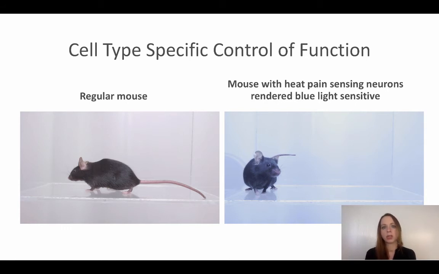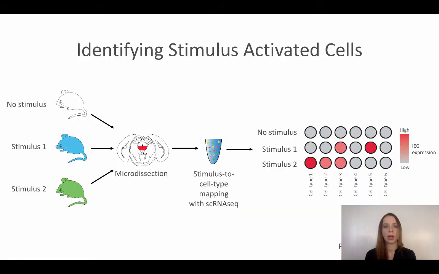So the question is how to go from cell populations to mapping functions to those cell types. Well, this used to take years of research. There are now fast and efficient ways to map functions to cell types.